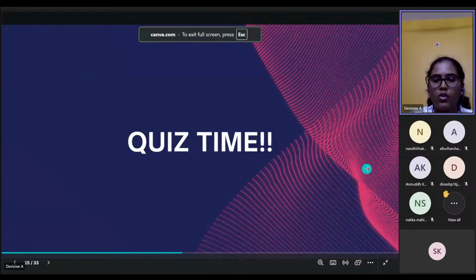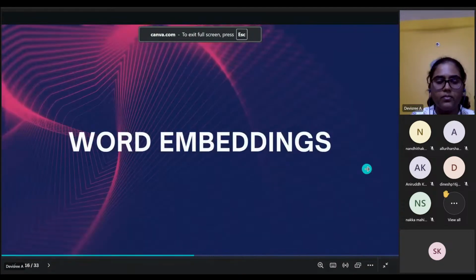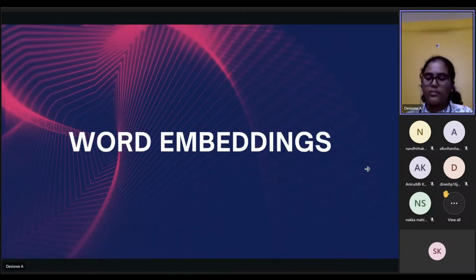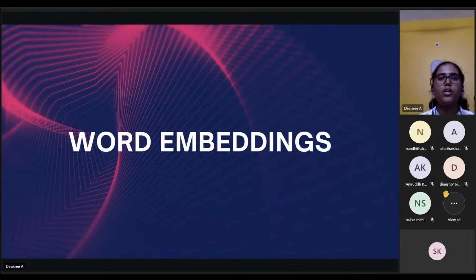So we'll move on. Word embeddings. Word embeddings are a numerical or vector representation of the tokens which we have generated in text preprocessing.